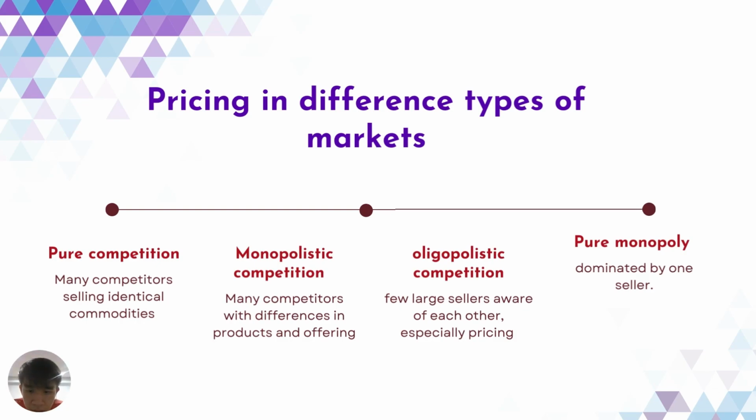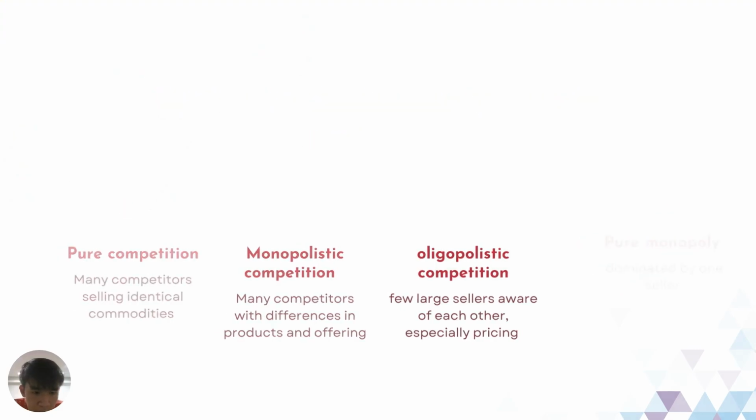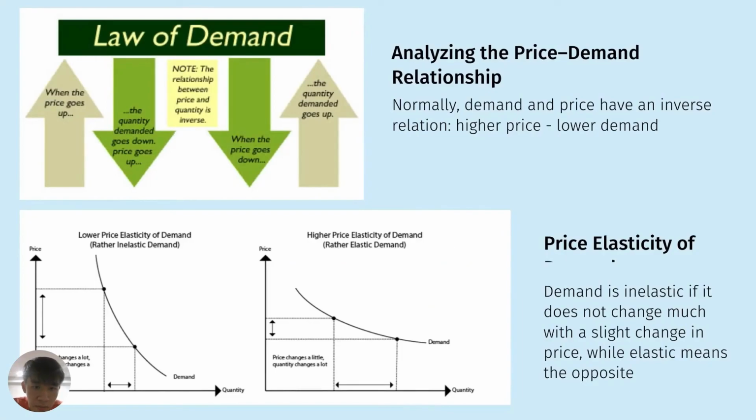Oligopolistic competition: a few large sellers who are aware of each other, especially in pricing. Pure monopoly: dominated by one seller. Each price the company sets will result in a distinct level of demand. The demand curve shows the number of units the market will buy in a given time period at different prices that may be charged.